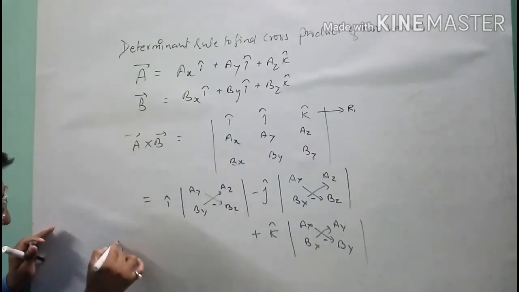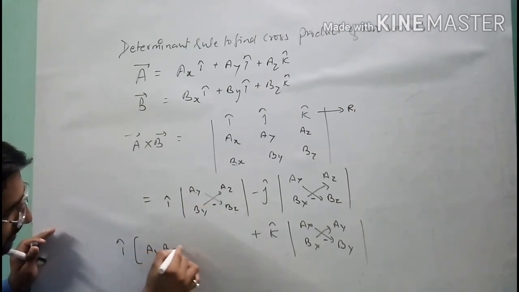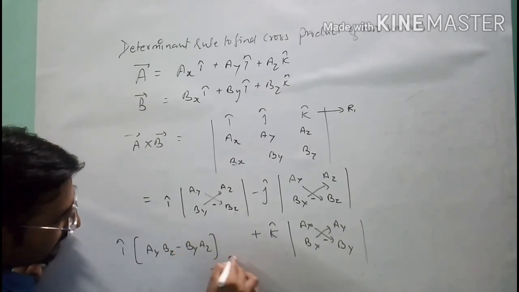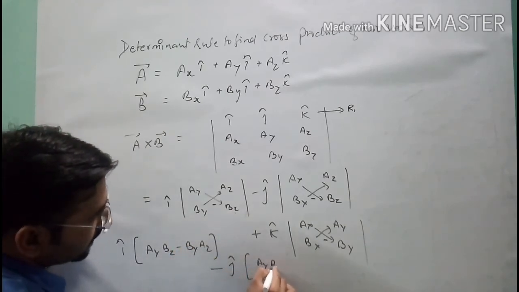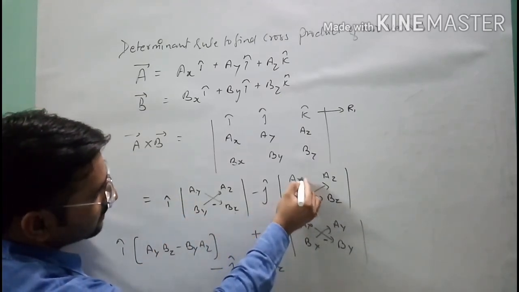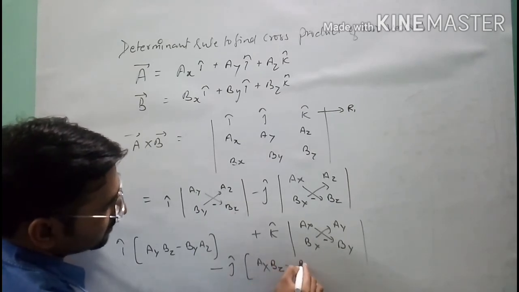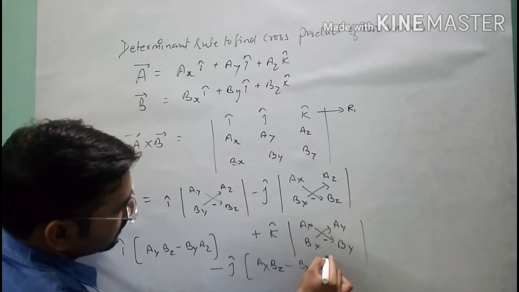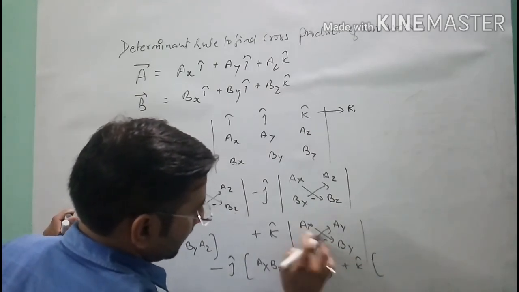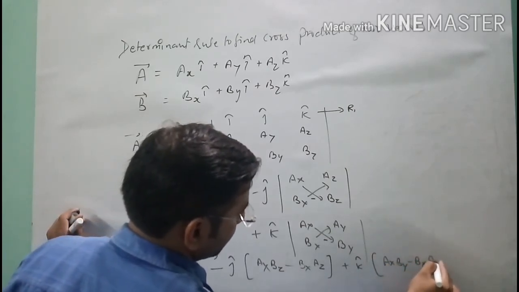Now after that I will write here I cap, and here AY, BZ minus BY, AZ, minus J cap, AX, BZ minus BX, AZ, and here plus K cap, AX, BY minus BX, AY.